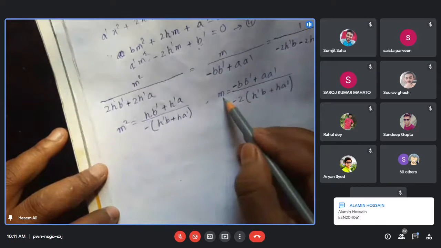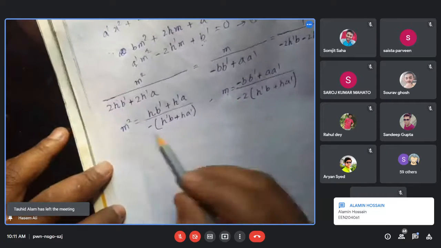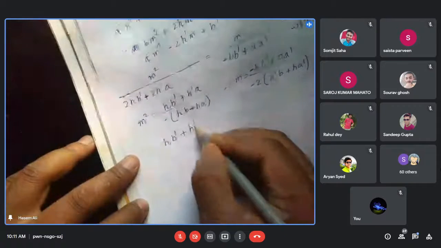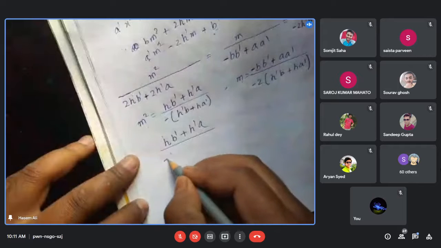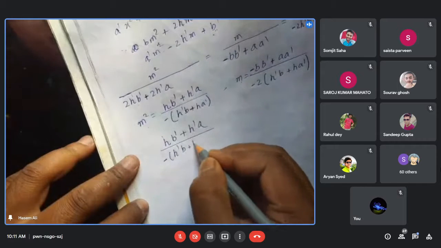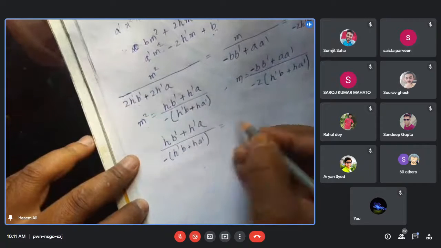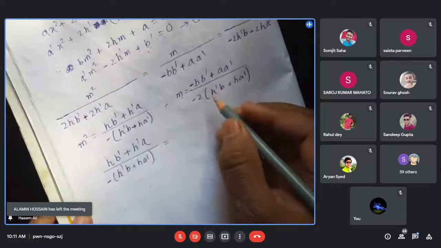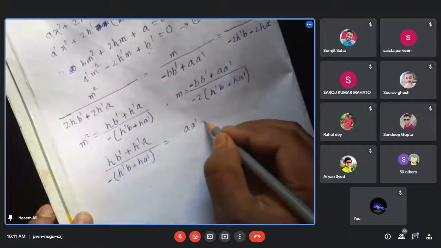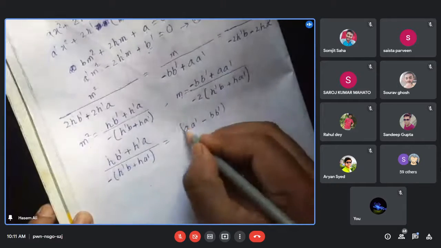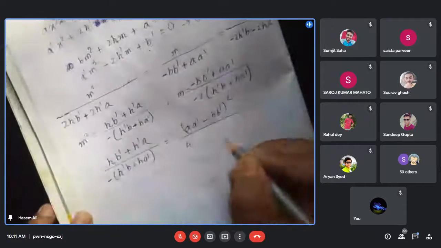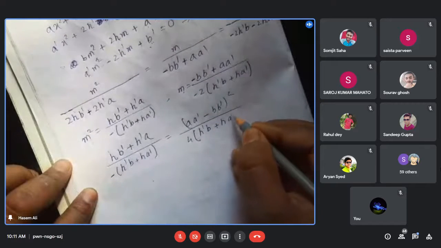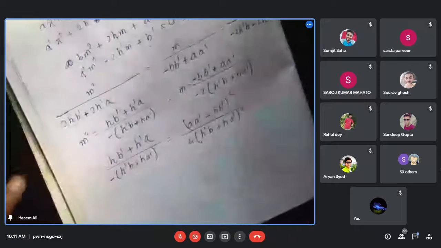Now this is m and this is m square, so we have hb dash plus h dash a divided by minus of h dash b plus ha dash, equals a square of this. That means a dash minus b dash square divided by 4 into h dash b plus ha dash square.